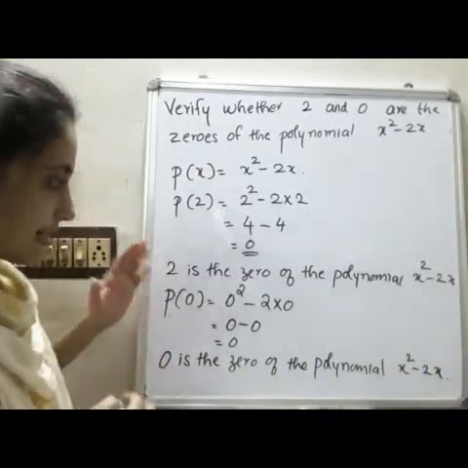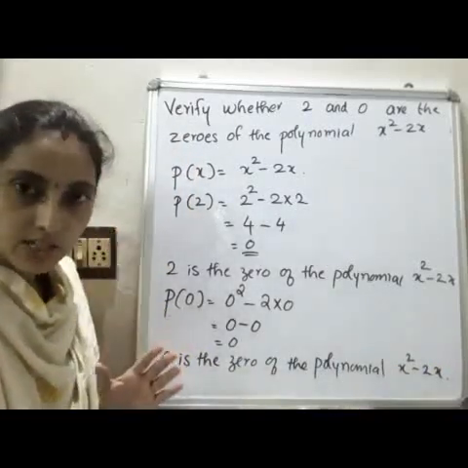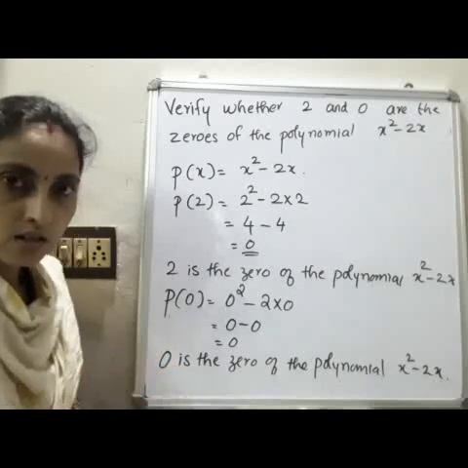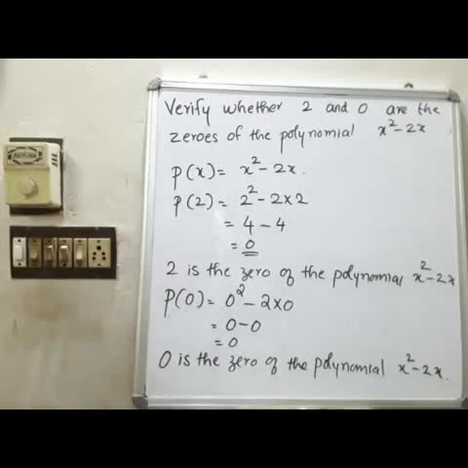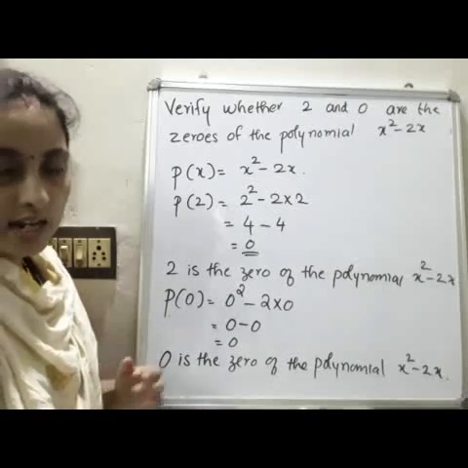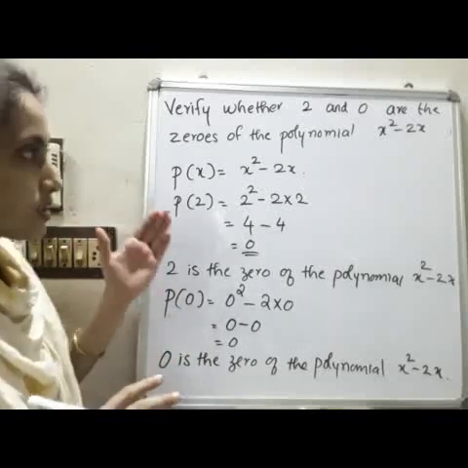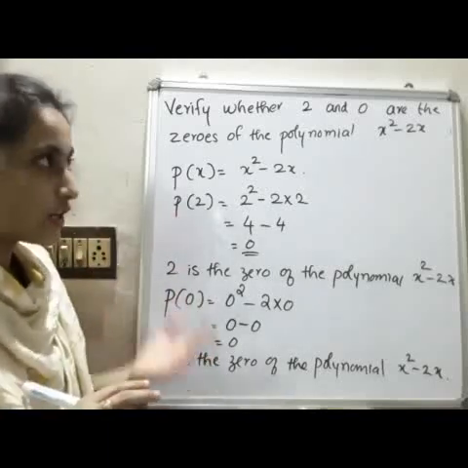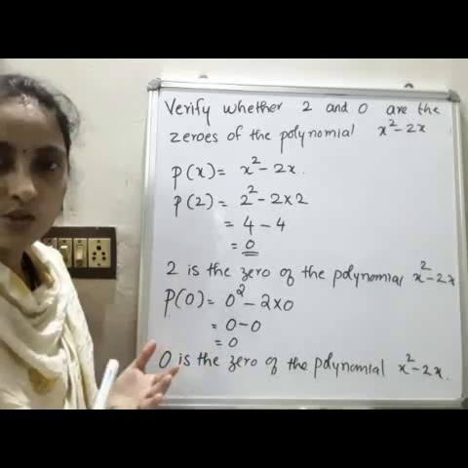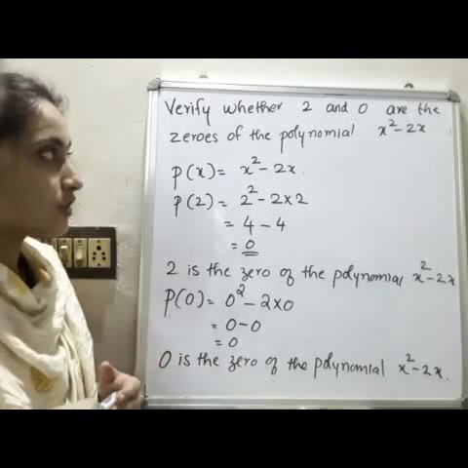Okay. So listen here, one thing. In the previous question, please go through the previous question. Was the polynomial there x plus 2? If x plus 2 is the polynomial, this was already given in the question as x plus 2, and you have to verify whether 2 and minus 2 are the zeros of the polynomial or not.